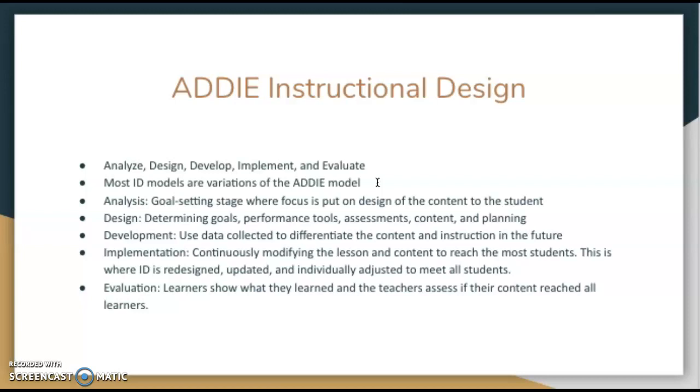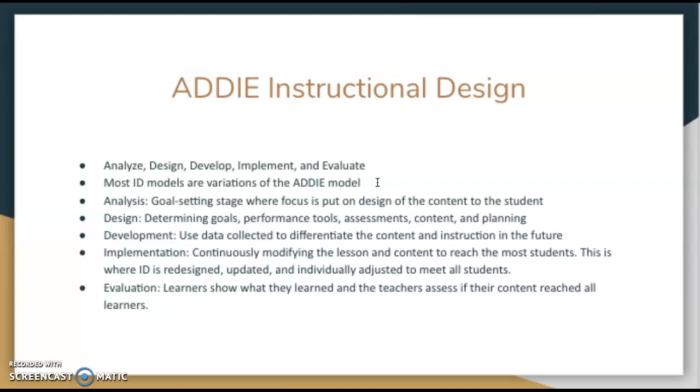In the design phase, we're determining goals, performance tools, assessments, the content, and the planning. In the development stage, we use data collection to differentiate the content or the lessons for the future. In the implementation stage, we are continuously modifying the lesson and the content to reach most students.